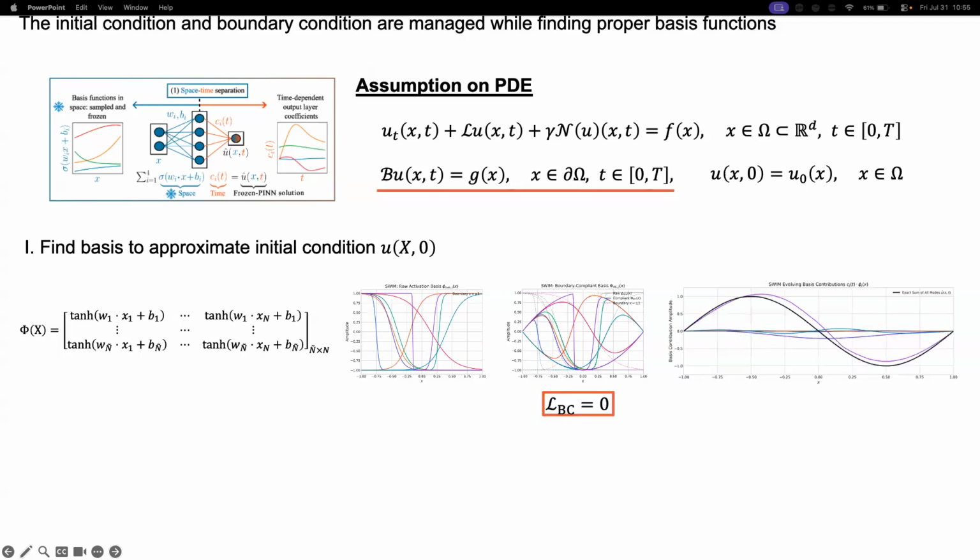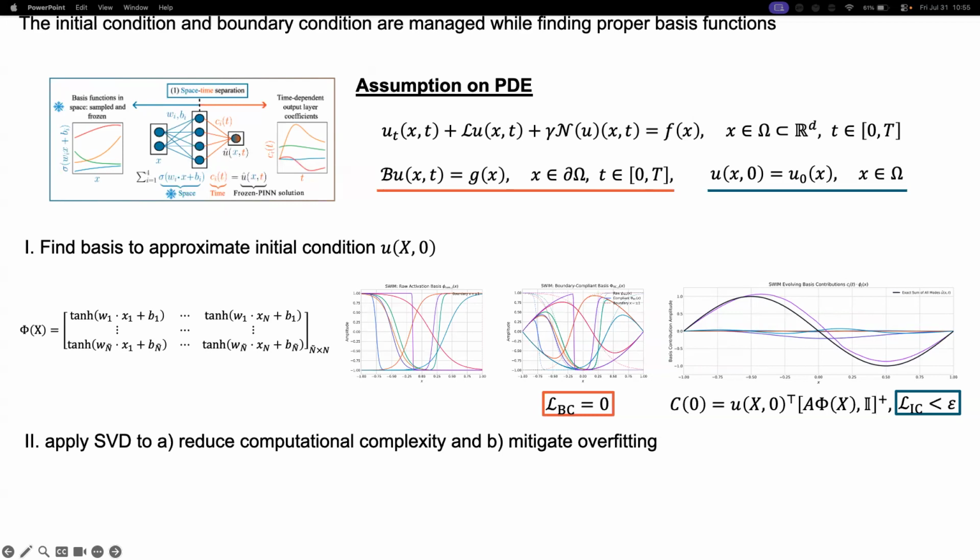And after that, we approximate the initial condition function, which is already solved, the sine function, with the least squares problem. And this makes the initial condition loss less than epsilon, which means it approximates the function sufficiently and accurately.